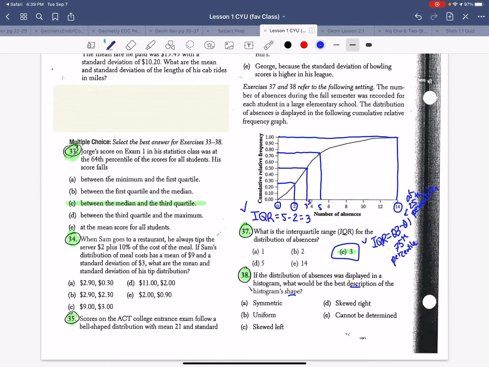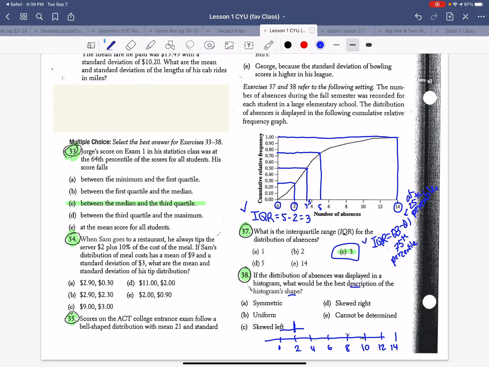So if I put this on a number line, 2, 4, 6, 8, 10, 12, 14. My whisker goes out to 0. The front of my box is here at 2.